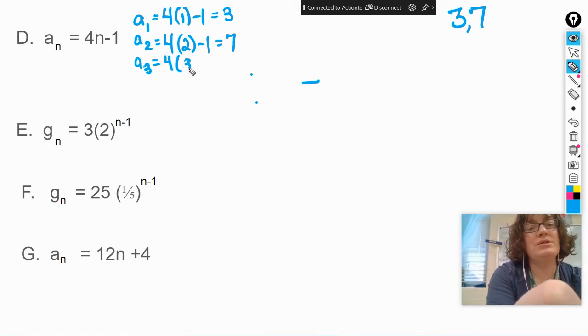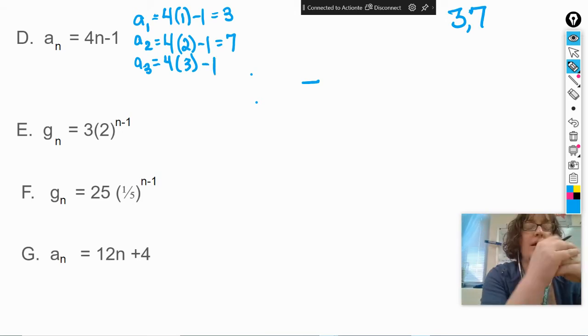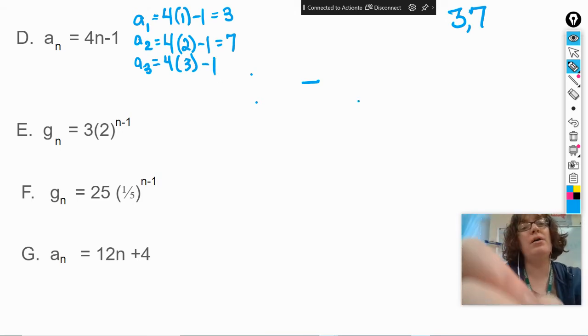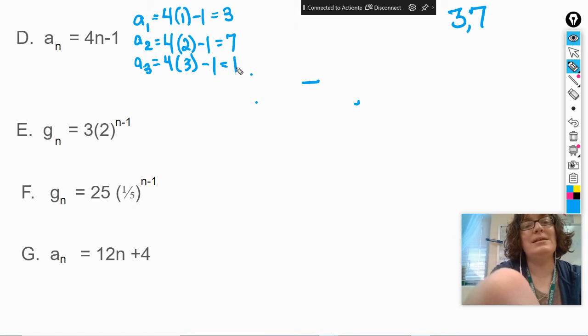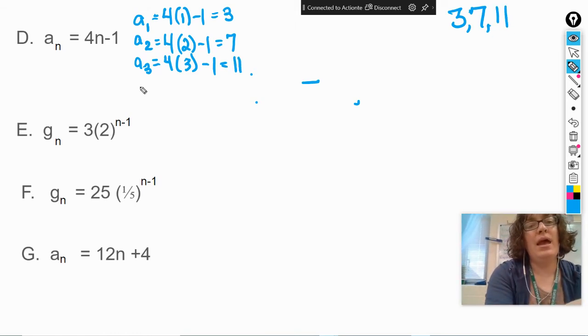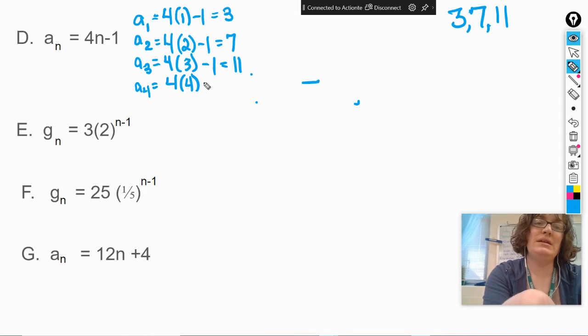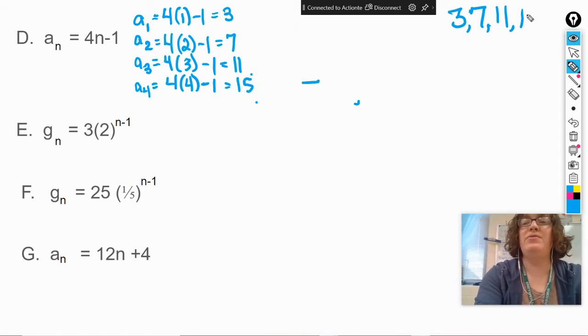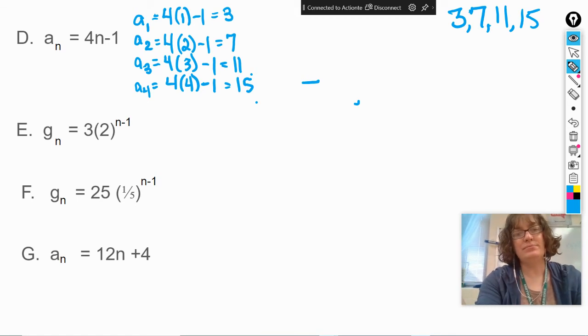So 4 times 3 minus 1. 4 times 3 is 12. 12 minus 1 is 11. So my next term is 11. And then finally, the fourth term, I would replace n with 4. So 4 times 4 is 16. Minus 1 is 15. And I get that 15 is my next term.